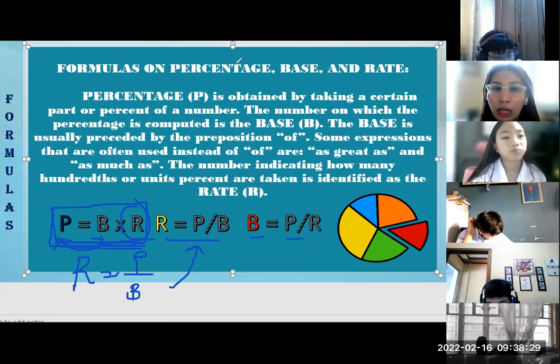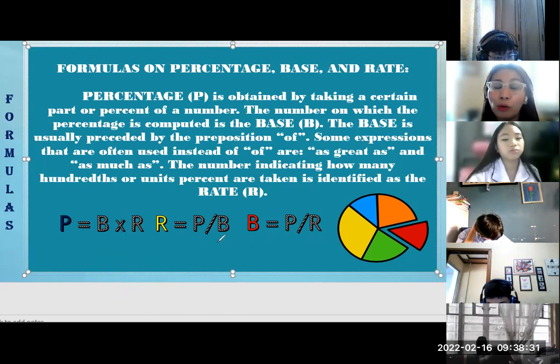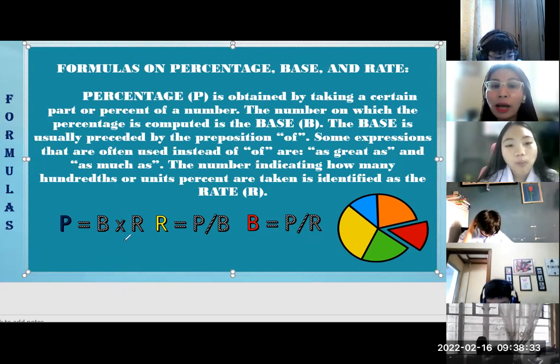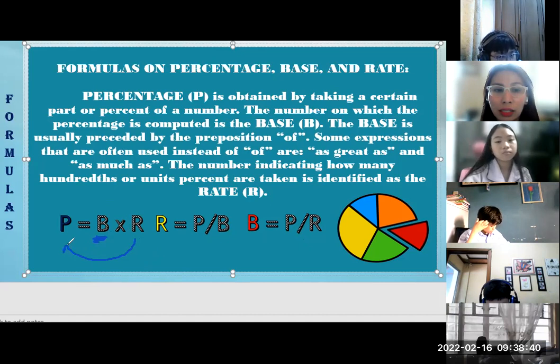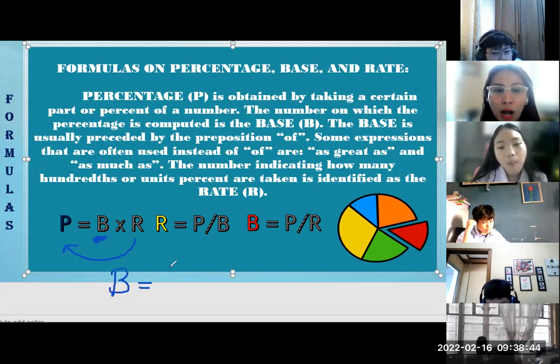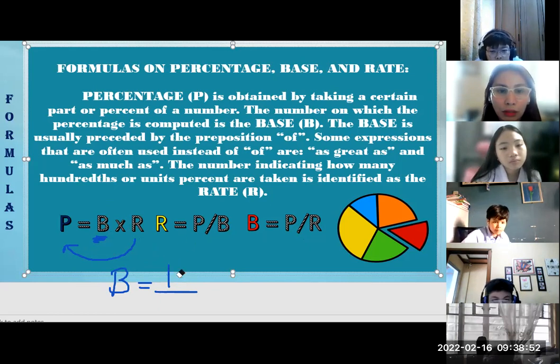And now, hindi nyo alam, example, yung formula in finding the base. Ayan. Isolate nyo lang yan. Transfer nyo lang to the other side. Now you have B is equals to P over R. Ayan.